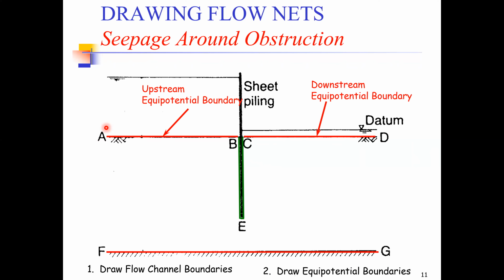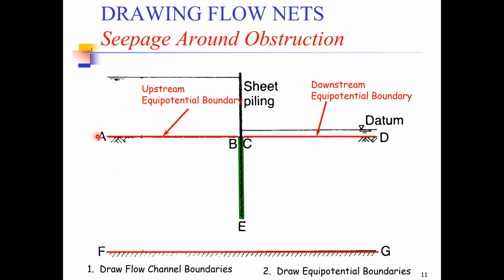So we can call it the upstream equipotential boundary and the downstream equipotential boundary. This is called the upstream side, and this is called the downstream side. Why is it called the upstream and why the downstream? Because the water is always flowing from the upstream side to the downstream side.